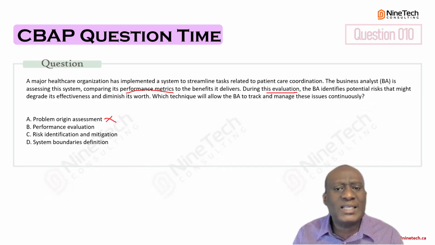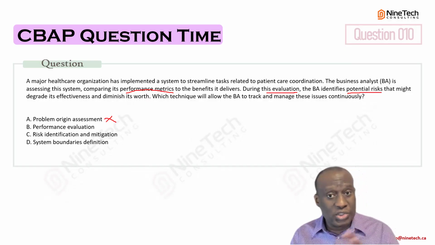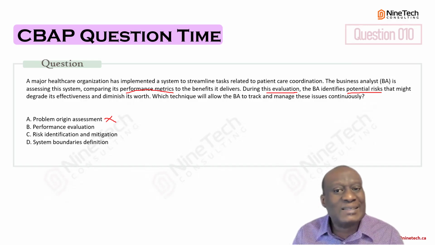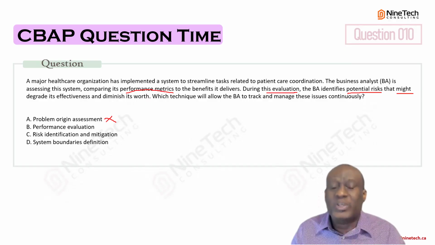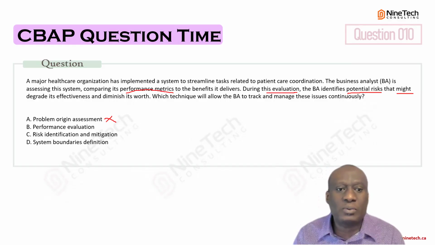And remember, the BA is identifying potential risks. So there are no issues yet. It's just potential risk, so take note of that: risks that might happen. An issue is something that has happened. A risk is something that might happen. So I wouldn't say the answer is performance evaluation.